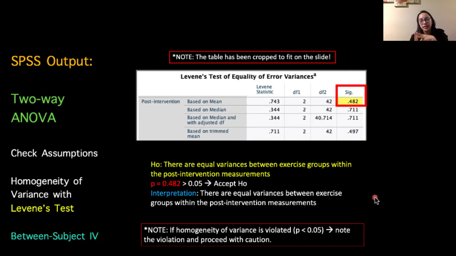So you can put them all together, but just make sure you still report all three p-values with each level of the within subject factor that the variances have been compared in.